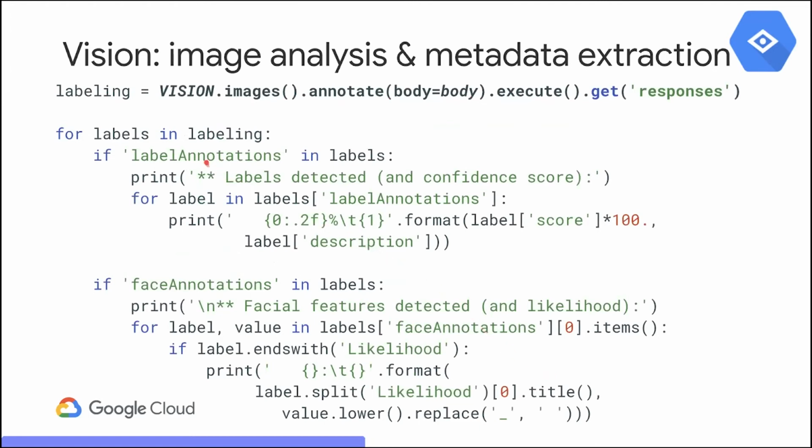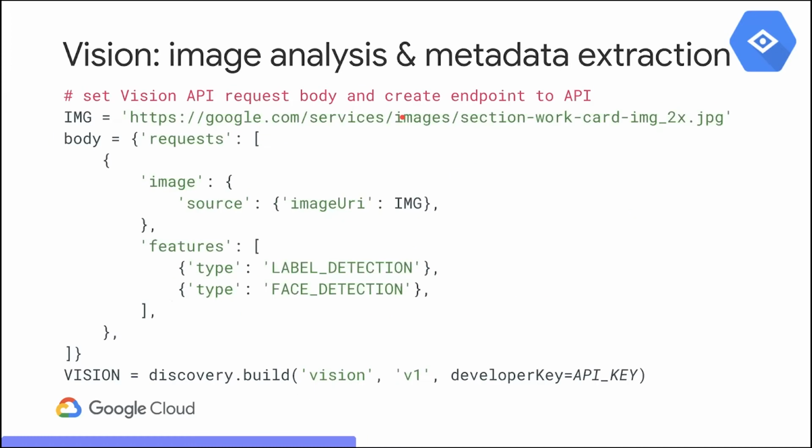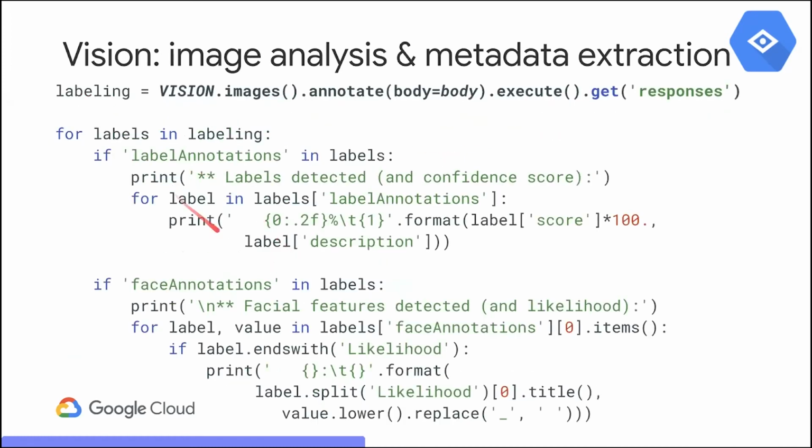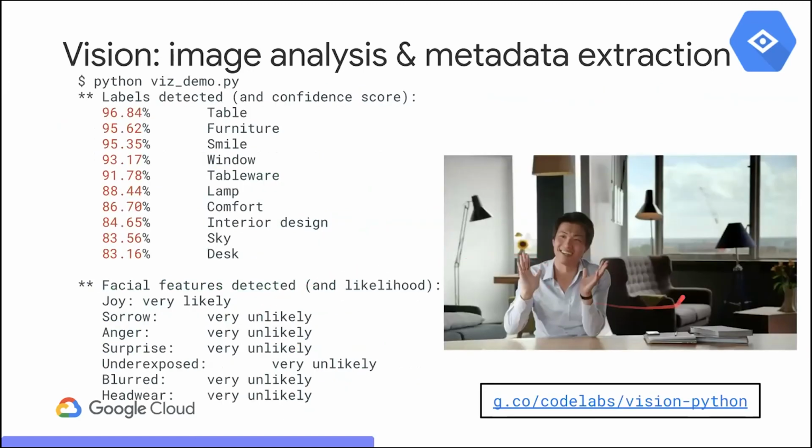And so in this particular case, I'm going to say, hey, Google Vision, please annotate this image with these features. And then I'm going to print out all the objects that it sees in the image, and then I'm going to print out the facial features. So for an image like this, it sees these objects in the image, with a percentage confidence score as to how likely each is part of the image, and then facial features.